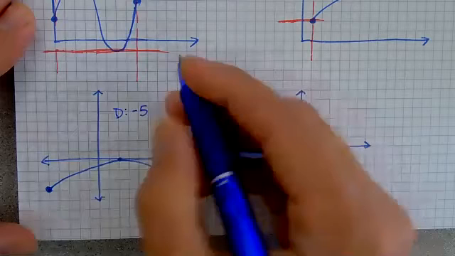Our range, since this arrow is pointing down, it keeps going down forever. So it goes from negative infinity all the way up to this point right here, which has a y value of 0.